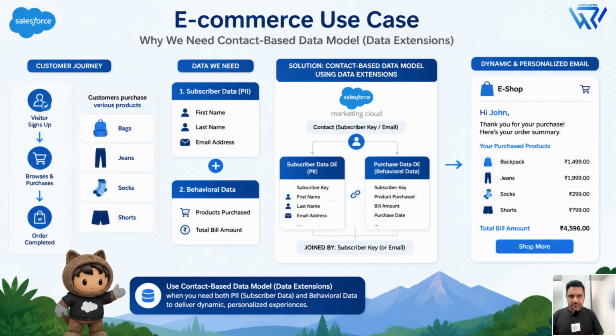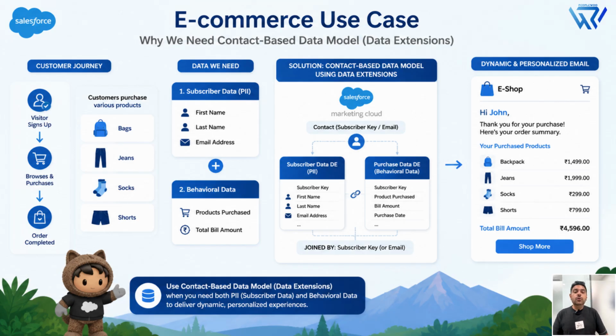So here we need two different kinds of data. We need subscriber data, first name, last name, and the email address to which we are going to send emails. But we also require behavioral data like the products purchased and the bill amount.